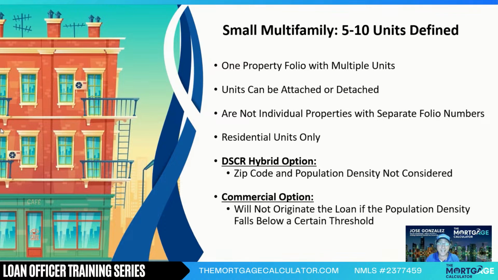However, in our DSCR hybrid option, where we combine a lot of the features of a 1 to 4 unit residential DSCR loan into this 5 to 10 unit DSCR loan to simplify the matter, not worry about population density, simply worry about, is it going to be designated as a rural property, RURAL, rural.